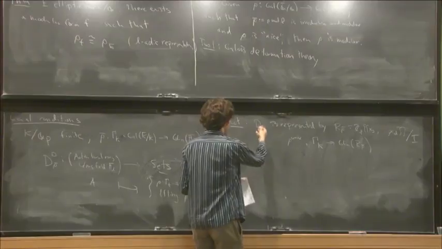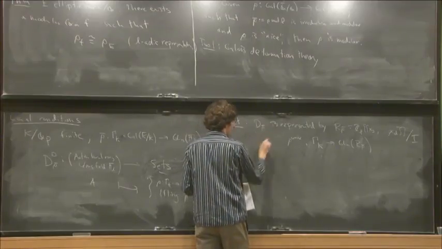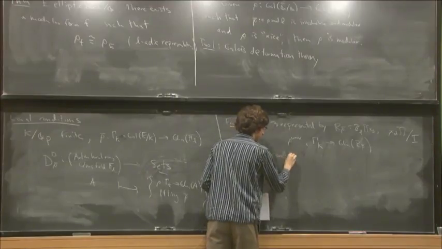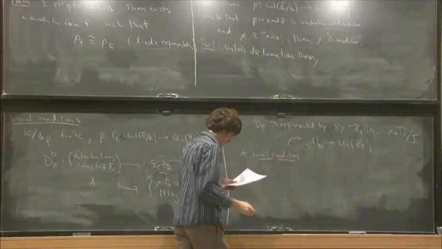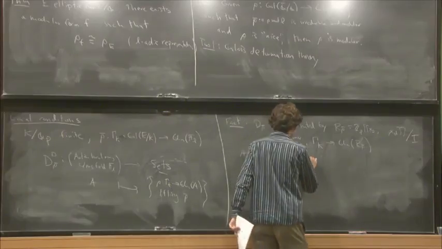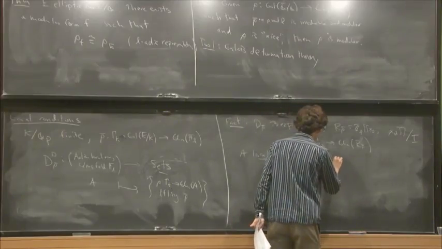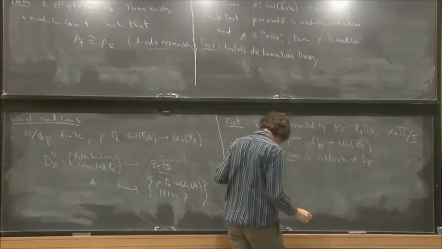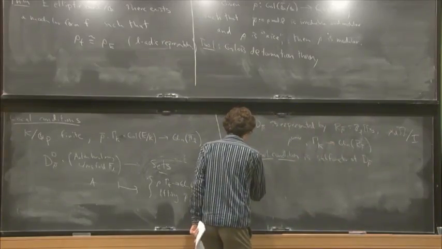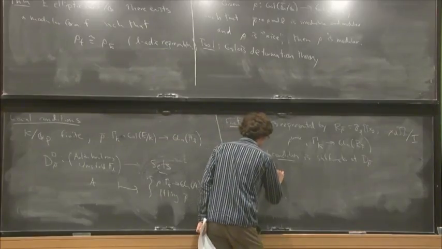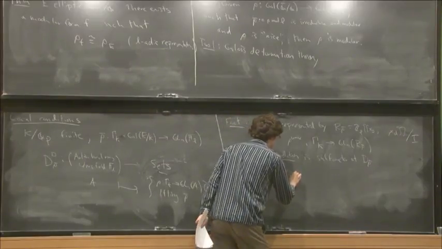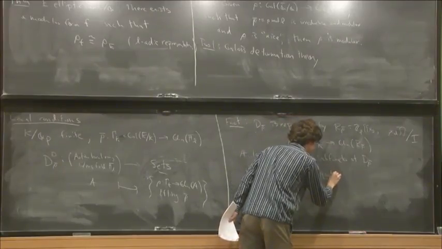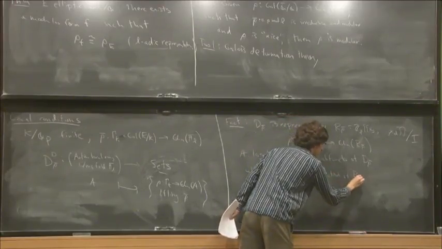And a local condition is going to be a closed condition on this space. So a local condition, to be precise, is some subset of the set of lifts, some subfunctor of D of rho bar, which is represented by a quotient of R of rho bar.